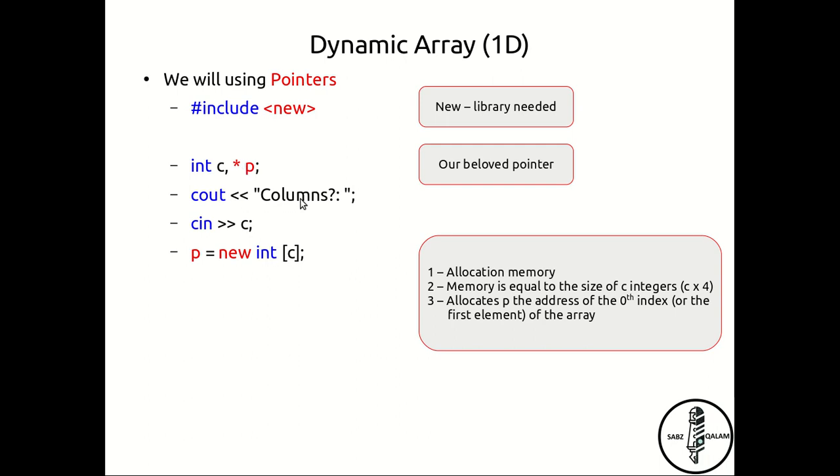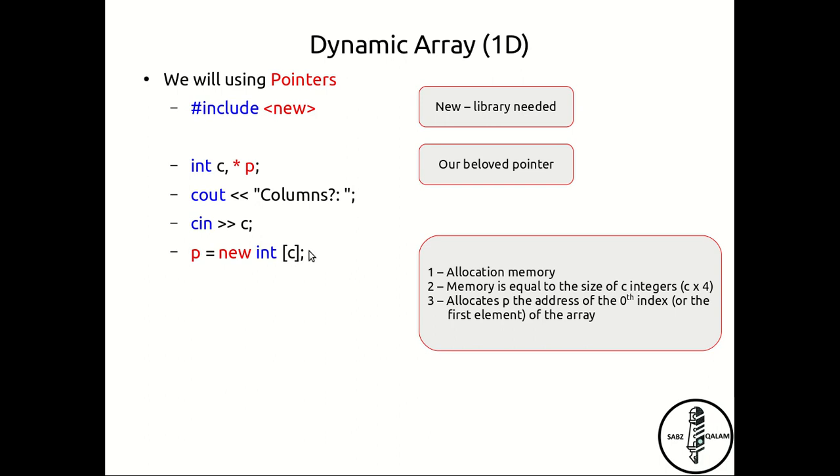I ask the user how many columns they need, where C stores the size, and then P is assigned as new int[C]. The square brackets show that it is an array containing C number of elements. Now this particular instruction does three things.